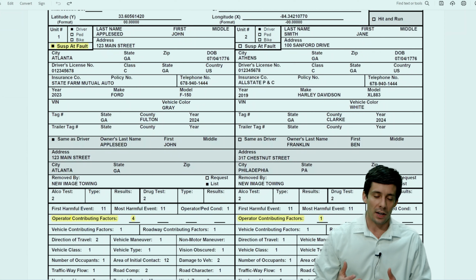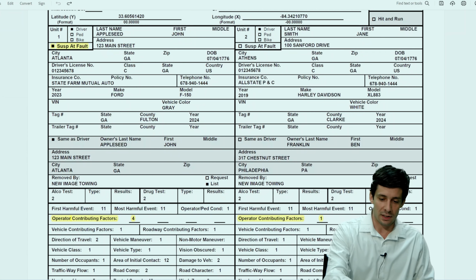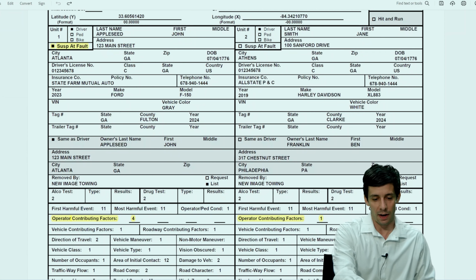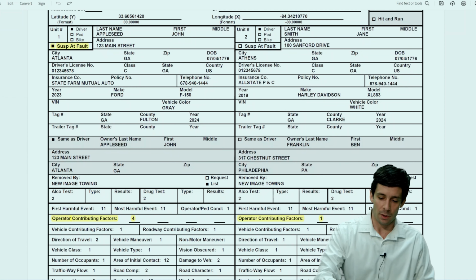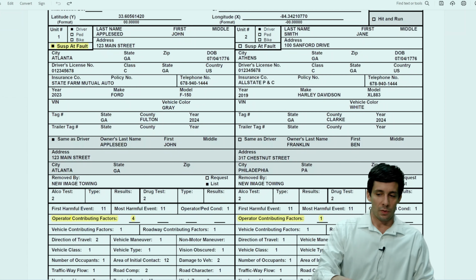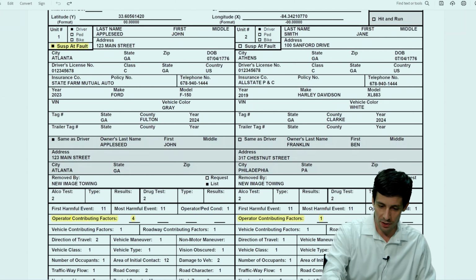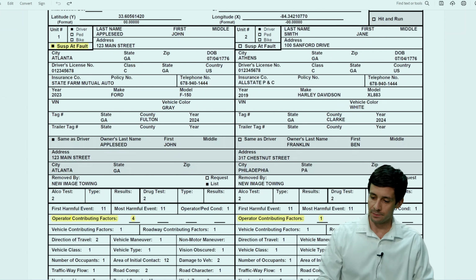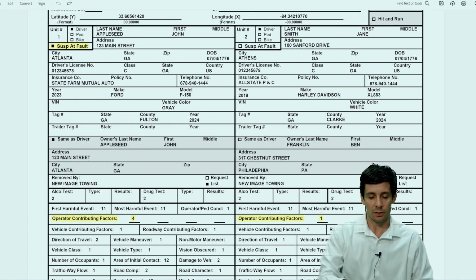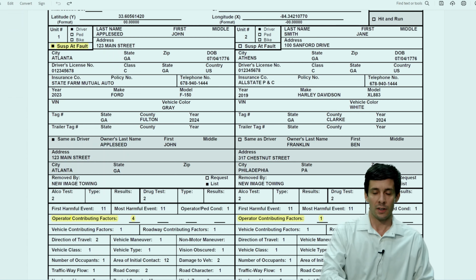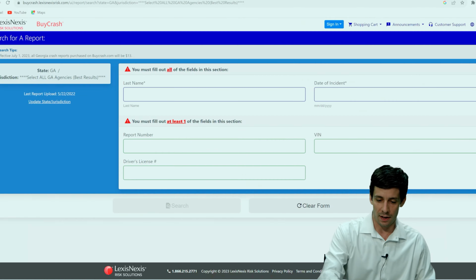That's not always checked, actually, but what usually will be indicated is below, the other highlight, operator contributing factors, and there's a number. So the number, you actually have to go and look at what we call an overlay, which is basically a key, and it's often not included with the actual report itself, but you can go online.